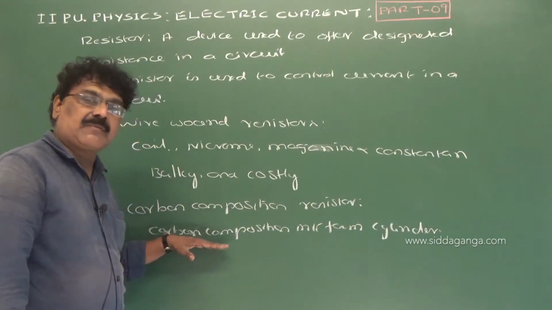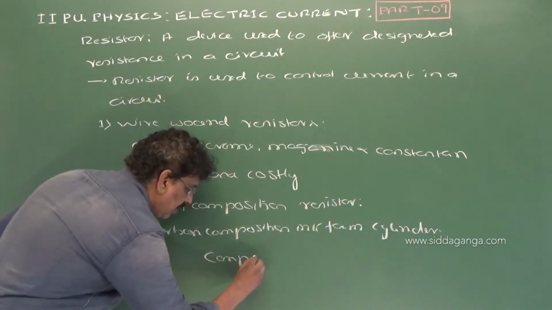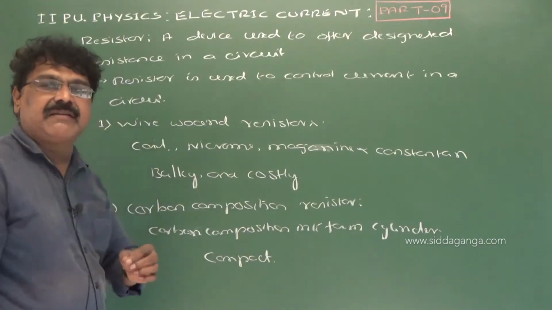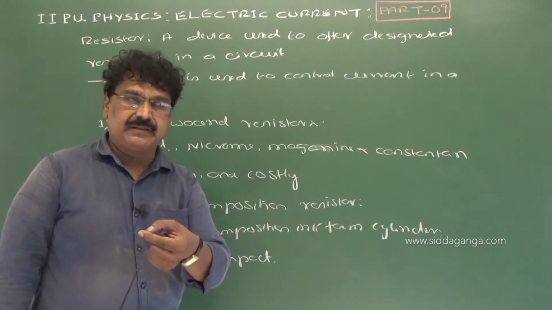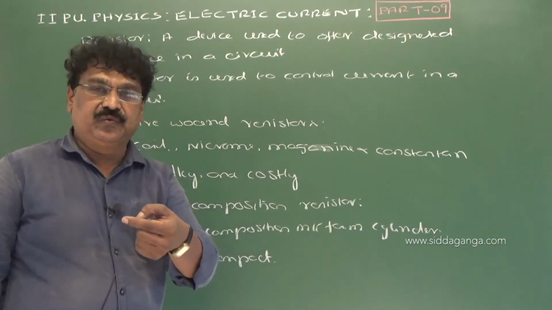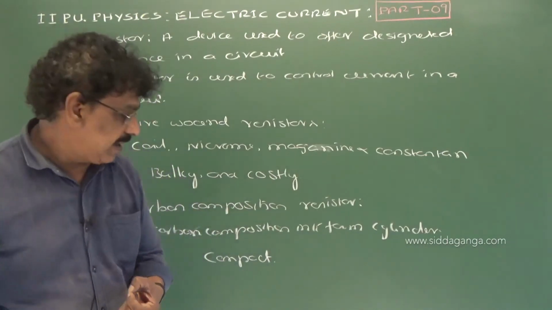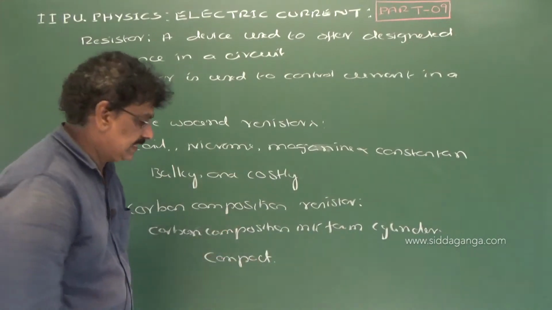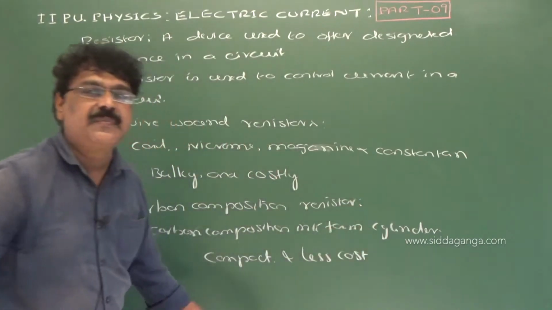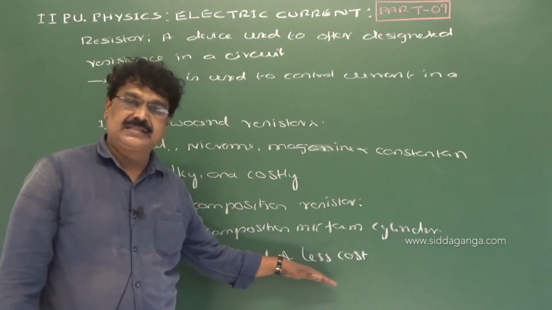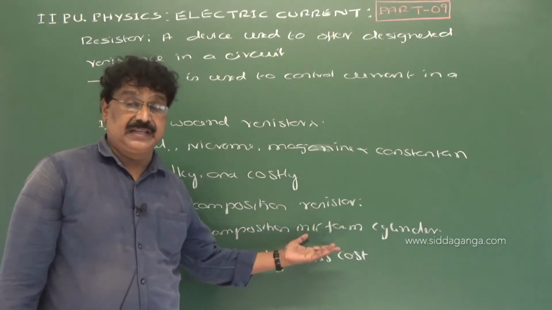Now these carbon composition resistors are compact, very small in size, of cylindrical shape, about 3 to 4 millimeter in length and about 1 millimeter in diameter. The cost is also very less. Even nowadays, for 1 rupee we can get several carbon composition resistors.